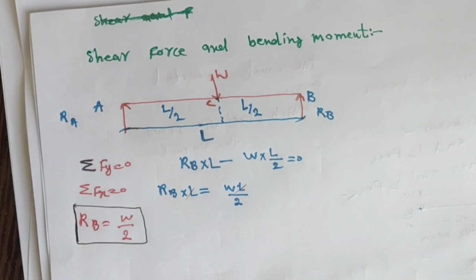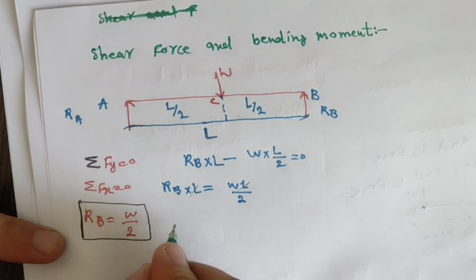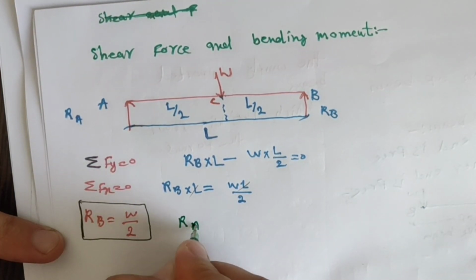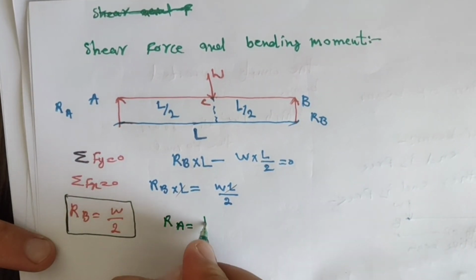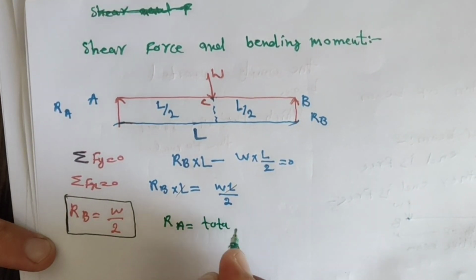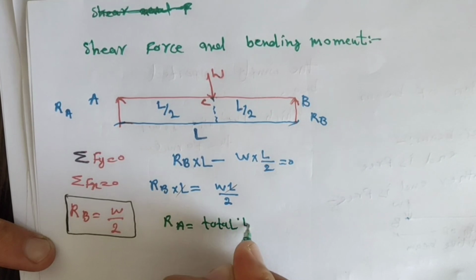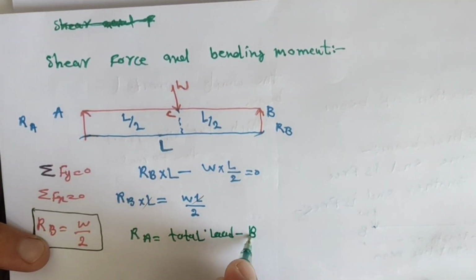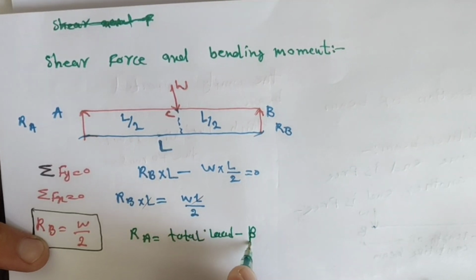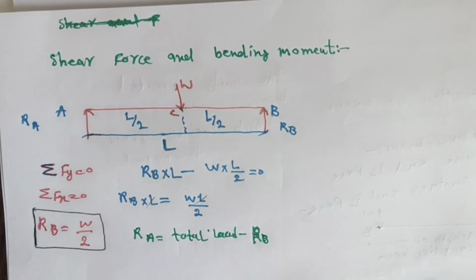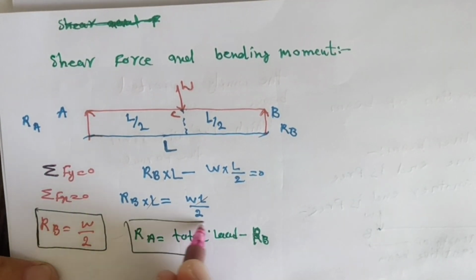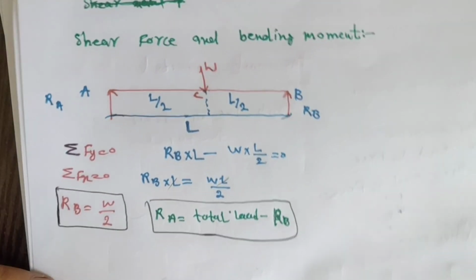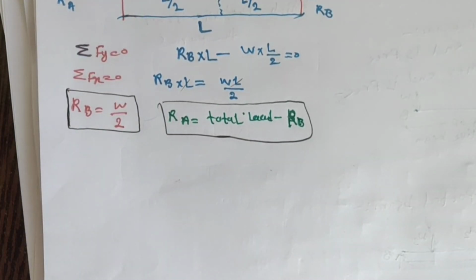Now we will find RA. RA is equal to, we should remember this formula, total load minus RB. We can easily find the RA value.